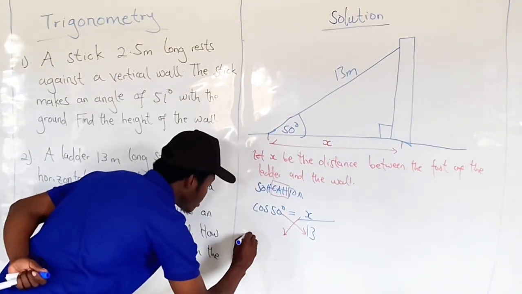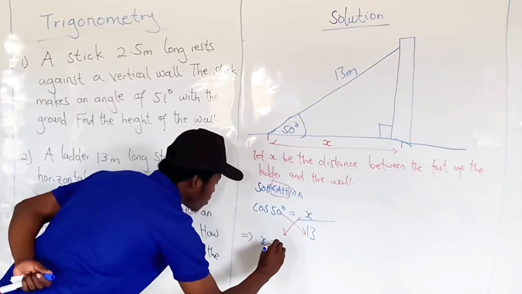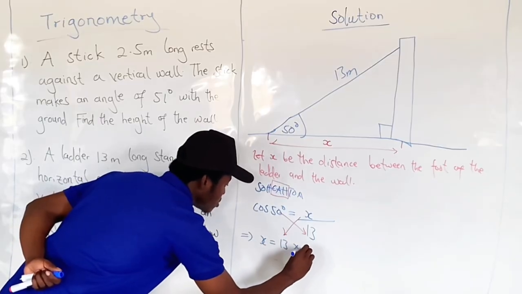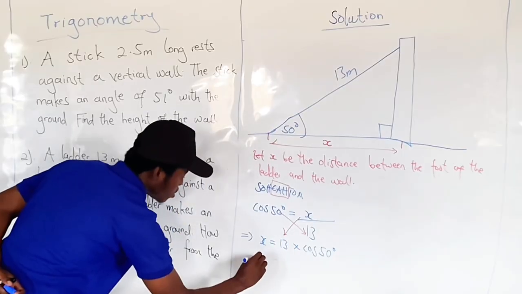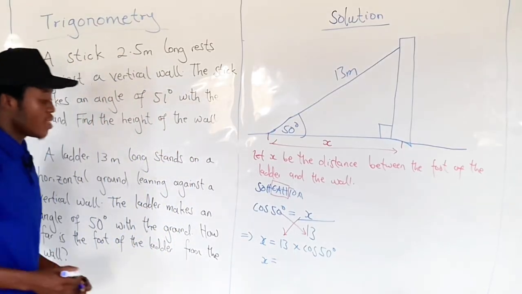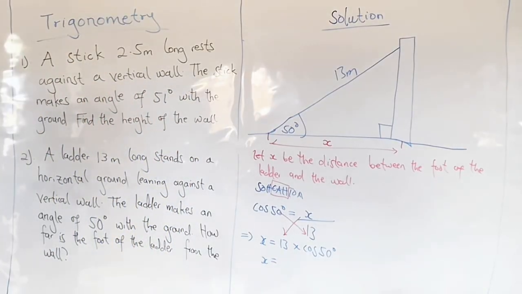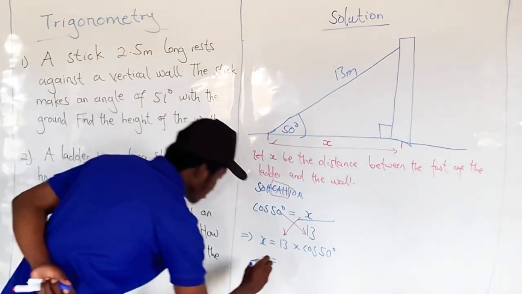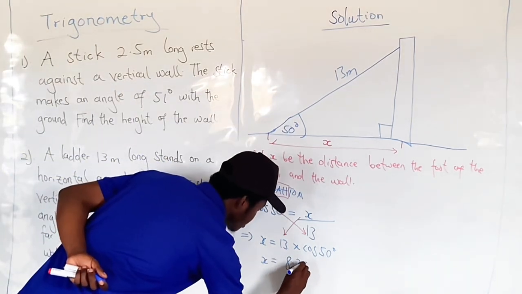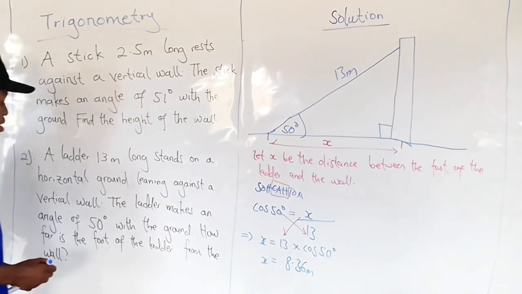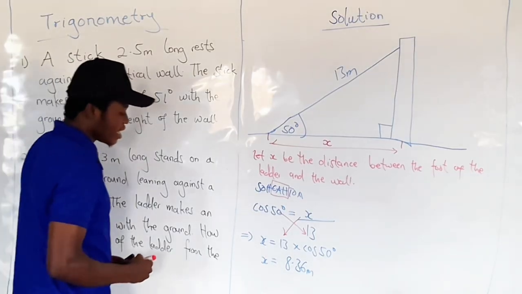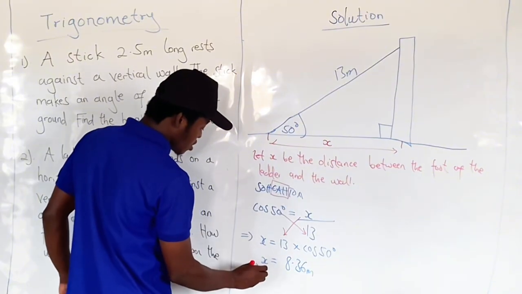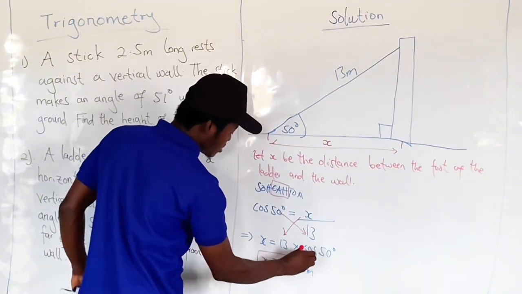So from here, x is now equal to 30 times cos of the angle 50 degrees. We go ahead to solve this on the calculator. From the calculator, x is equal to 30 times cos 50, which will give you 19.28 meters. So from here, x, or the foot of the ladder, is 19.28 meters from the wall. And this is our final answer.